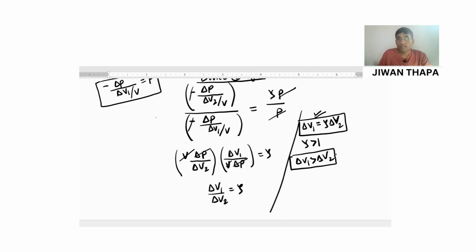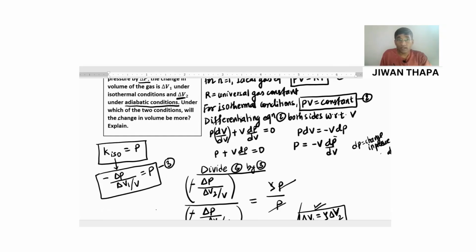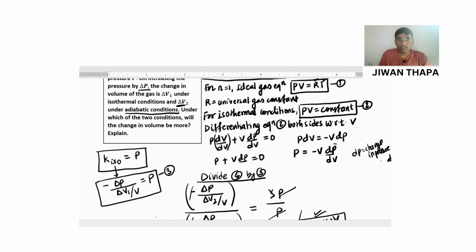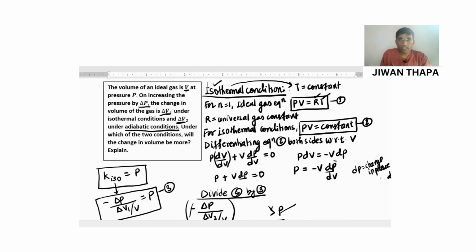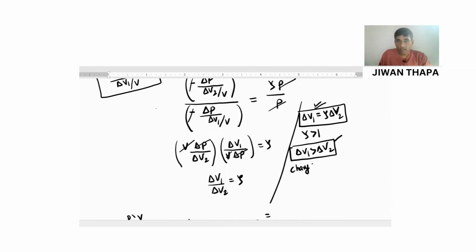It means that the change in volume under isothermal conditions, because delta V1 represents the change in volume under isothermal conditions, is greater than the change in volume under adiabatic condition.